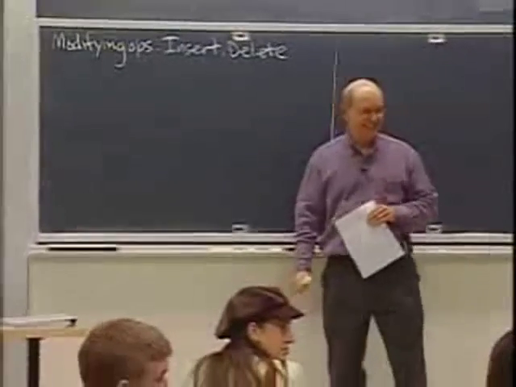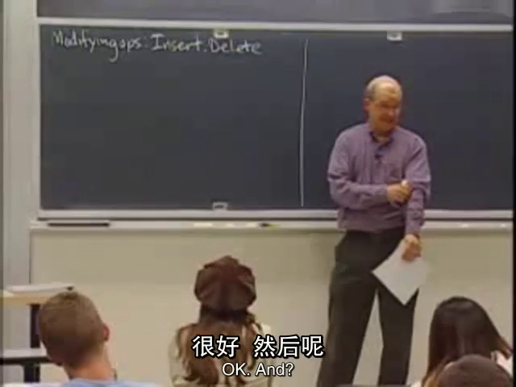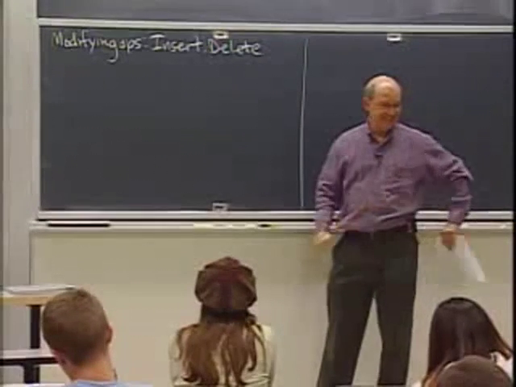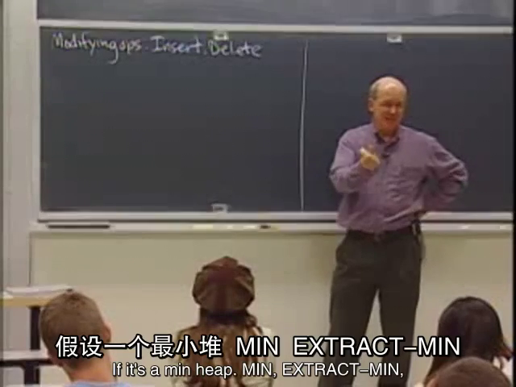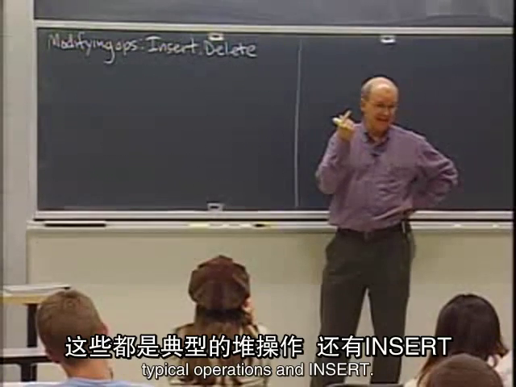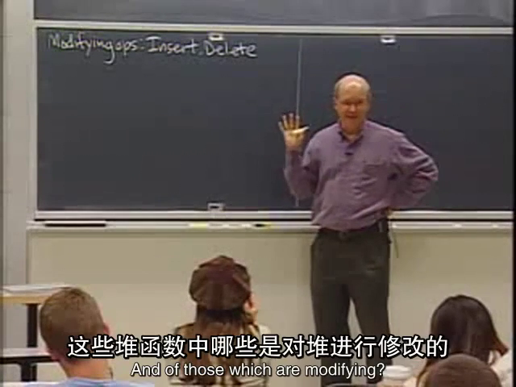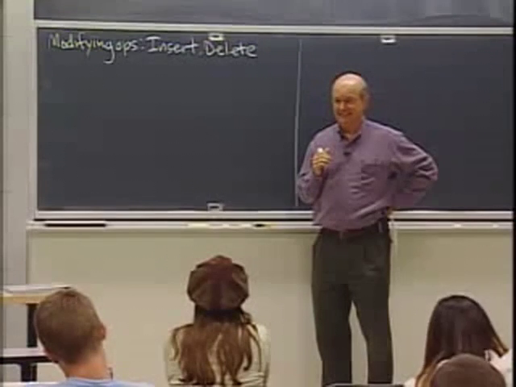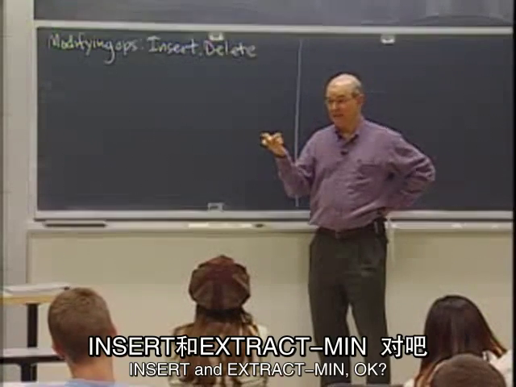Max or min, extract max. Okay, and? So if it's a min heap, it's min, extract min, typical operations, and insert. Okay? And of those, which are modifying? Insert and extract min.